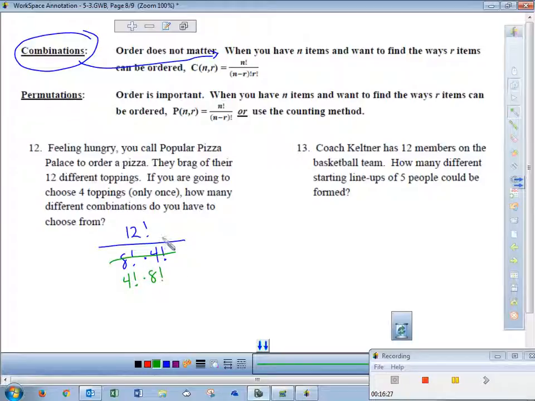That's the same thing, you know. And honestly, that's how I write it when you check my answer key, because I'm doing, oh, 12 choose 4, so I need a 12, I need a 4, and then there's 8 left over because you have to do some subtraction. So what ends up happening is all of the 8 factorial is totally gone in that situation, and you have 12 times 11 times 10 times 9 upstairs.